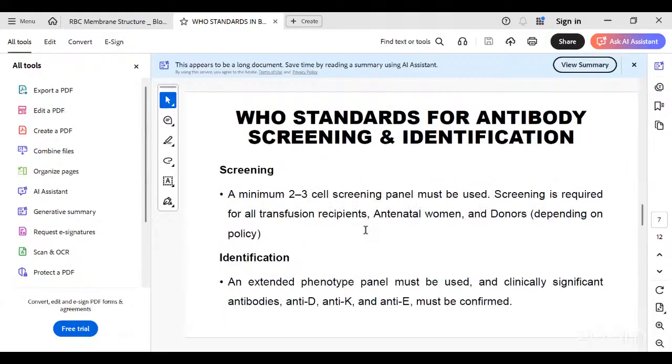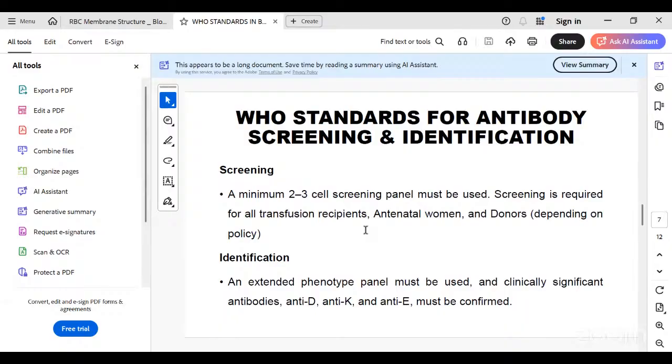The next standard expected was the WHO standard for antibody screening and identification. Screening must be done using a two-set screening panel. Screening is required for all transfusion patients, antenatal women, and donors, depending on the policy. The reason for screening recipients is that you want to know if they have any antibody before transfusion.